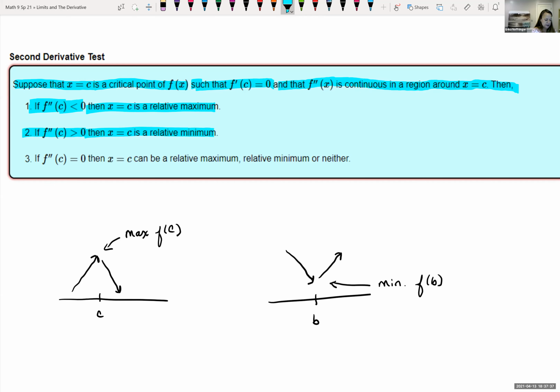It's inconclusive if you plug that critical value c into the double derivative and you get 0. Then x equals c can be either a relative maximum, relative minimum, or neither. So that test, our second derivative test, doesn't tell us anything about it, and we'd have to go back to that first derivative test.